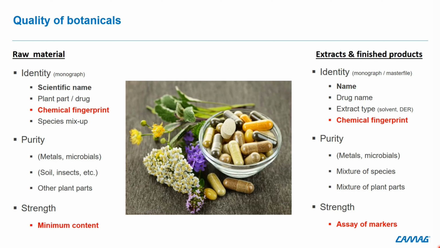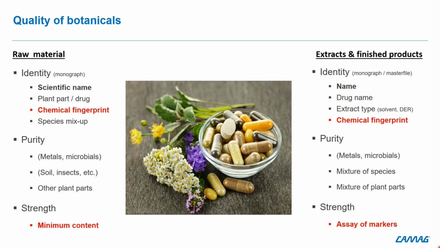They can be raw materials such as herbal drugs, powdered herbal drugs, fresh plants, and extracts, for example, tinctures and dry extracts, and products. Quality criteria and tests to be performed can therefore differ depending on the sample. For raw materials and extracts, we may find different monographs for identification because of the different sample composition. And to follow supply chains and to monitor processing, knowledge about the link between raw material and extract is needed.